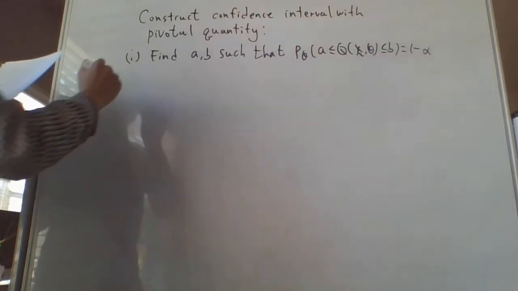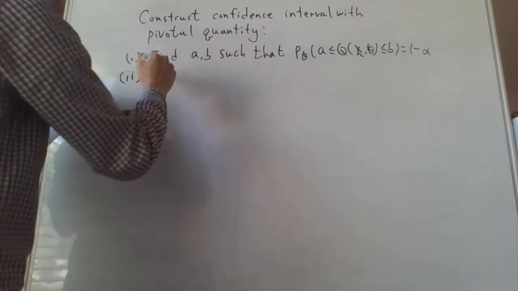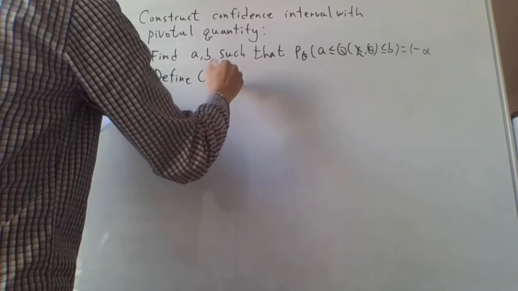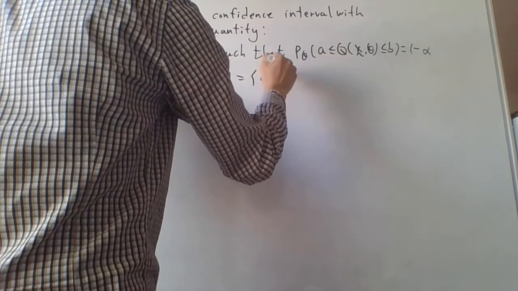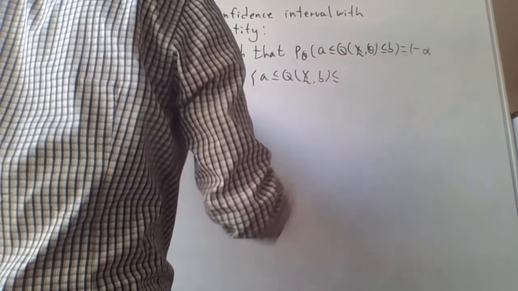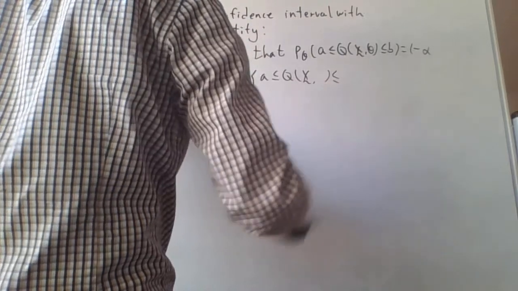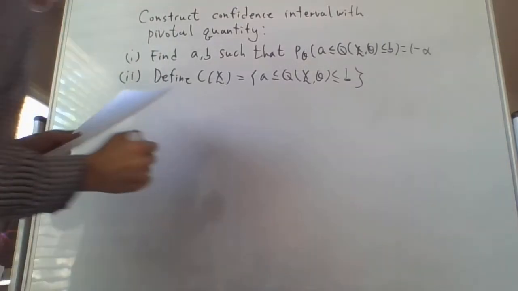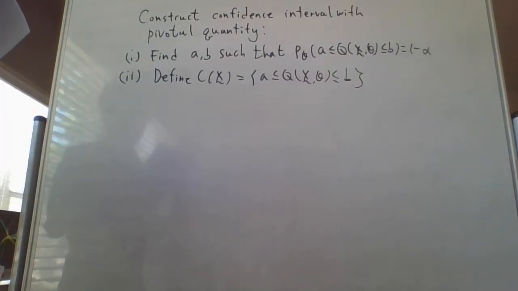And then define C(x) to be the interval based on Q, where Q is greater than or equal to A and less than or equal to B. We can define the confidence interval.